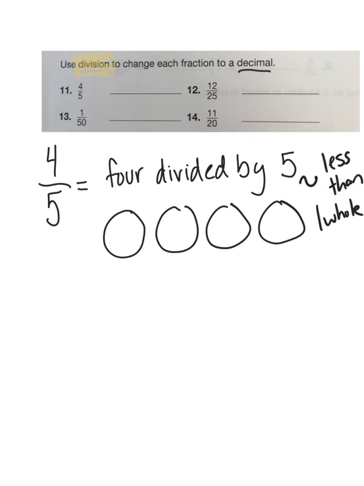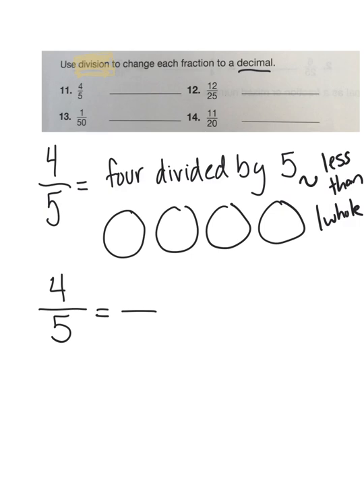Okay, so we need to take 4/5 and convert it to a decimal. And the way I'm going to suggest you do this is in 2 parts. You probably learned last year in 4th grade about common denominators.